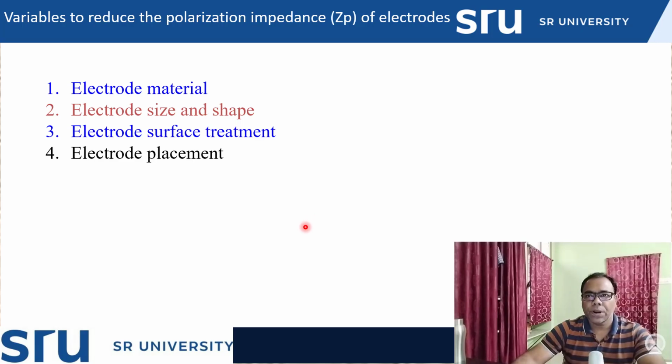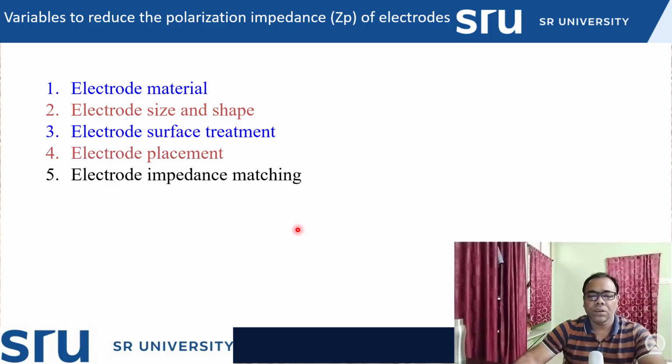If the proper analysis is not taking place, what will happen? It may lead to improper information, so the doctor may treat in the wrong direction itself. That's why getting accurate information is very, very essential. Then one can check whether the electrode impedance is matching or not.